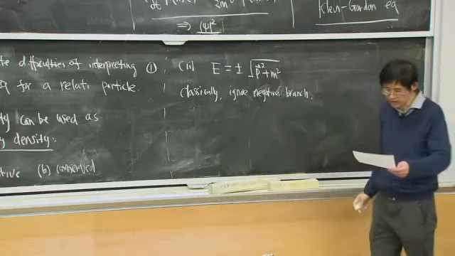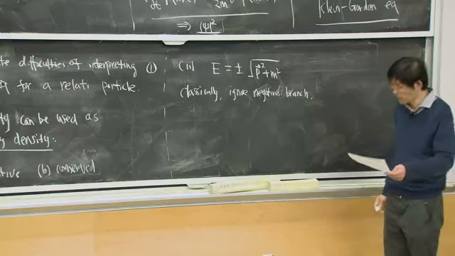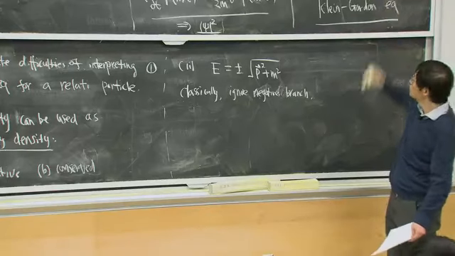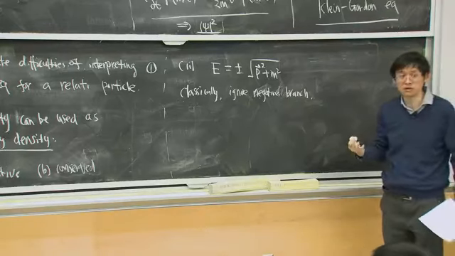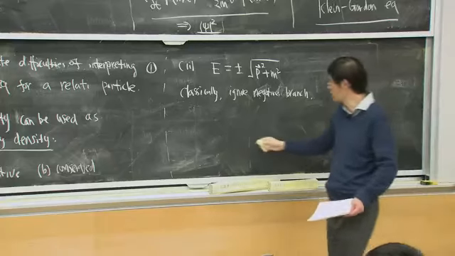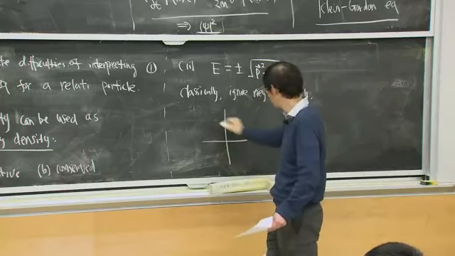But quantum mechanically, this is not possible, because you have the equation there, then you automatically have the negative solutions. So quantum mechanically, you have a dispersion relation like this.